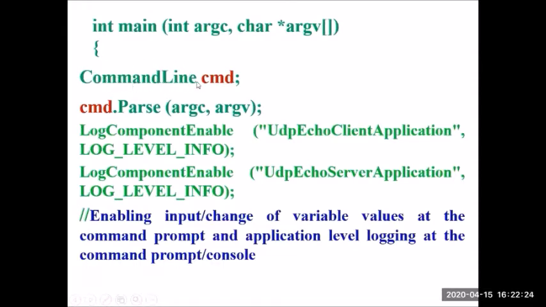I'll call the class CommandLine and I declare an object of type cmd, and from that object we'll do a parse operation and pass the same arguments. So remember, these arguments argc and argv are obtained from our command line. So we are trying to pass some parameters where we want to control the variables.